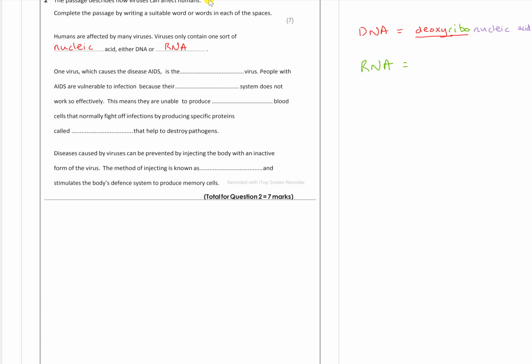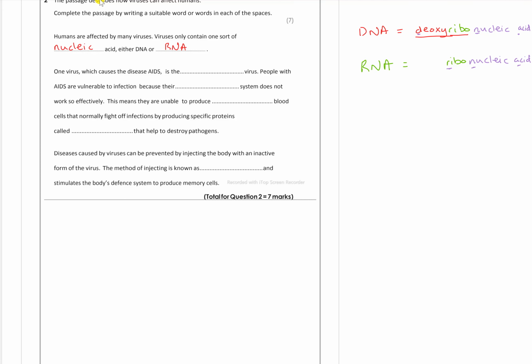So this is the ribonucleic acid. We don't need to know this at this level, but that's where the RNA comes from. This is where the DNA comes from. Right, okay, so let's carry on.